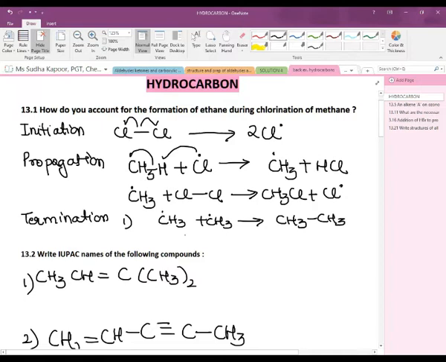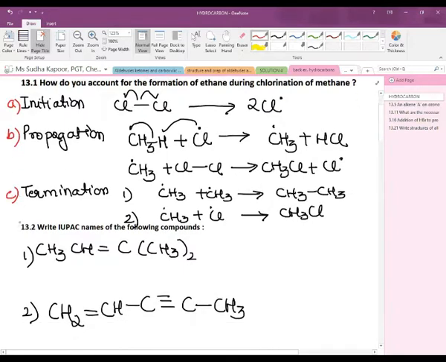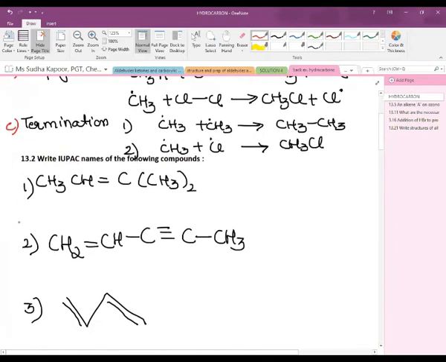Or the methyl free radical may react with the chlorine free radical, forming methyl chloride, or the two Cl free radicals may combine together to form Cl2. So there are various different possibilities of the termination step. So these are the three steps in which we can show how ethane is formed from methane, by using the free radical mechanism, where homolytic cleavage is taken.